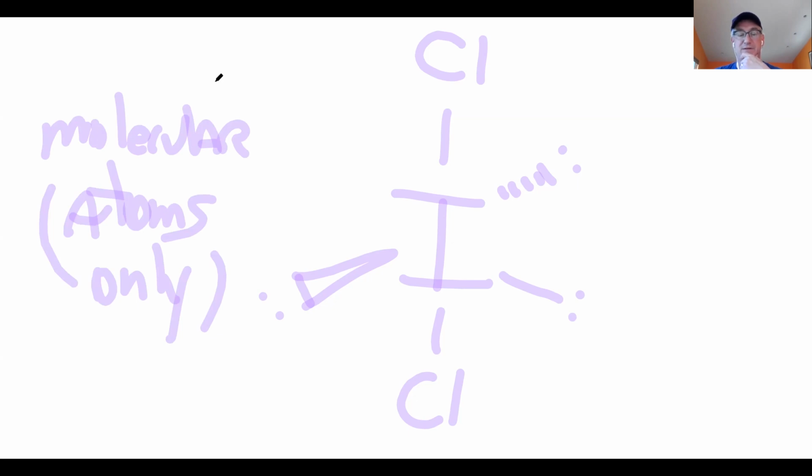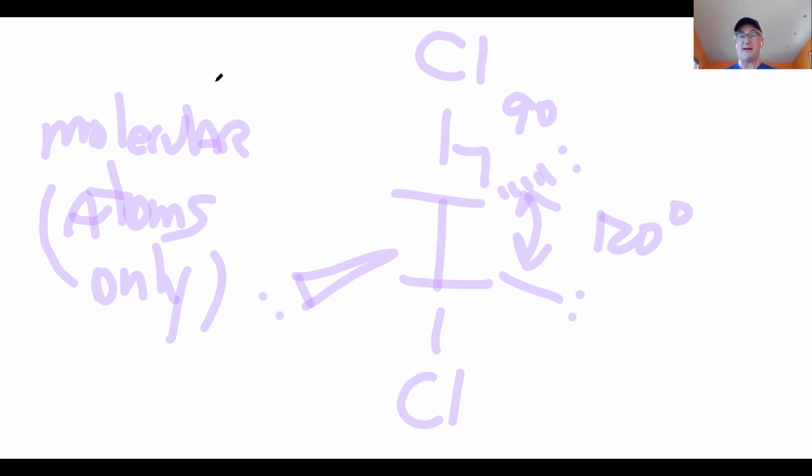Exactly. So overall, the group that it's put in is trigonal bipyramidal. So these angles are 90 degrees, and these angles are 120. But if we just look at the molecule itself, we don't see the electrons, we just see the atoms.